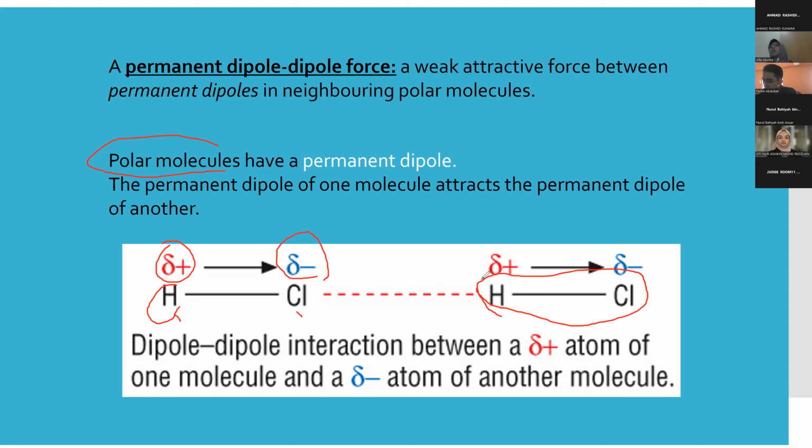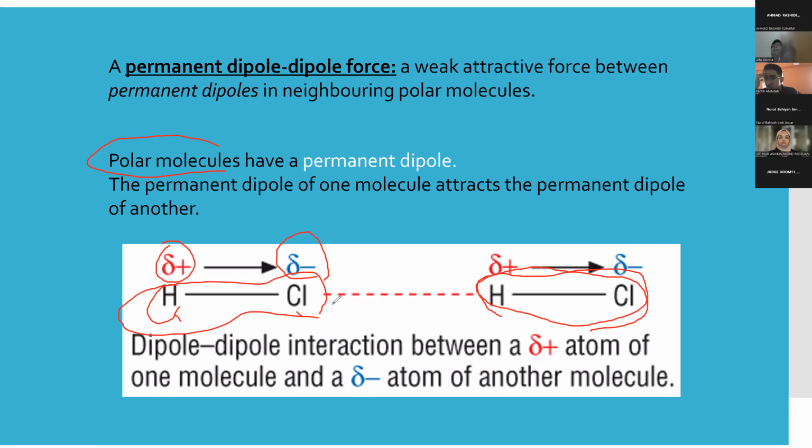A molecule of hydrogen chloride, HCl, meets with another molecule of HCl. They make an interaction between molecules.